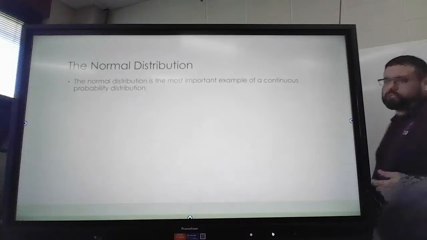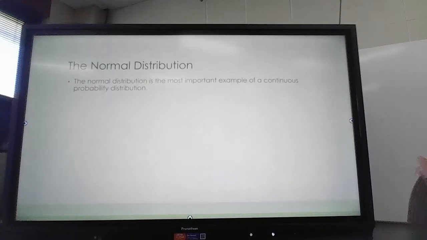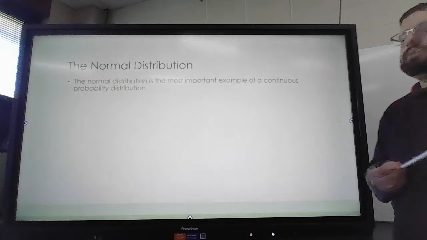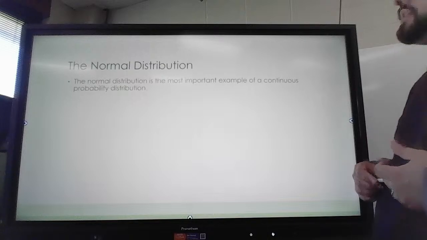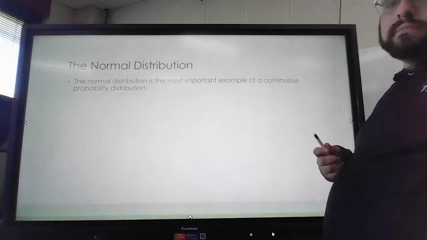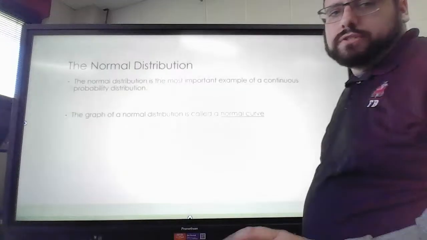If you recall, a discrete distribution is one where the variables take on finitely many values. But in a continuous distribution, you have variables that take on an infinite number of values. The normal distribution is the most important example of a continuous probability distribution.